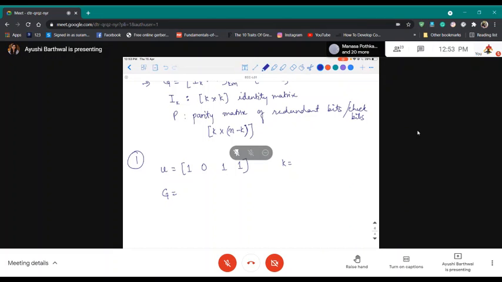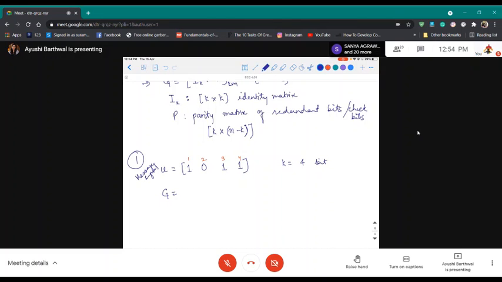So how many bits are there in this? 1, 2, 3 and 4. So it will be a 4-bit information vector. So this is your message signal, the source encoded message signal.